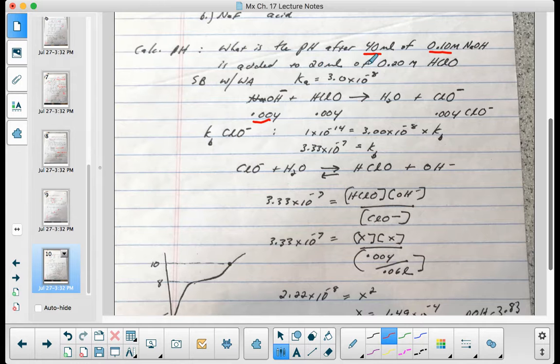And then I have 20 milliliters of 0.2 molar HClO, and that gives me 0.004 moles of that. So what I know is that when those two reagents react together, they're going to produce 0.004 moles because everything's in a 1-to-1 ratio. So I'll get the same number of moles of this conjugate base.